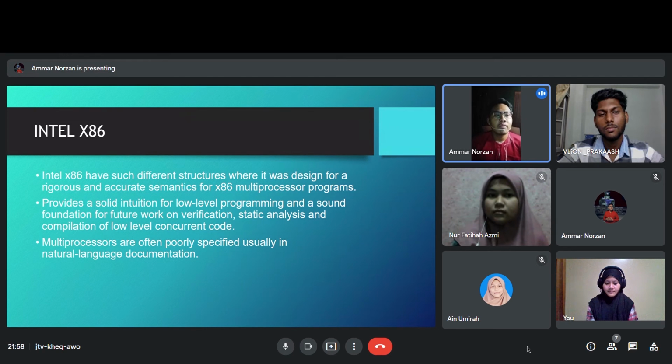And lastly, multiprocessors are often not fully specified, usually in natural language documentation. X86 multiprocessors do not have a sequentially consistent semantics, and low-level programmers cannot reason in terms of a simple notion of global time or causality. X86 is also believed to have an axiomatic definition of the memory model.